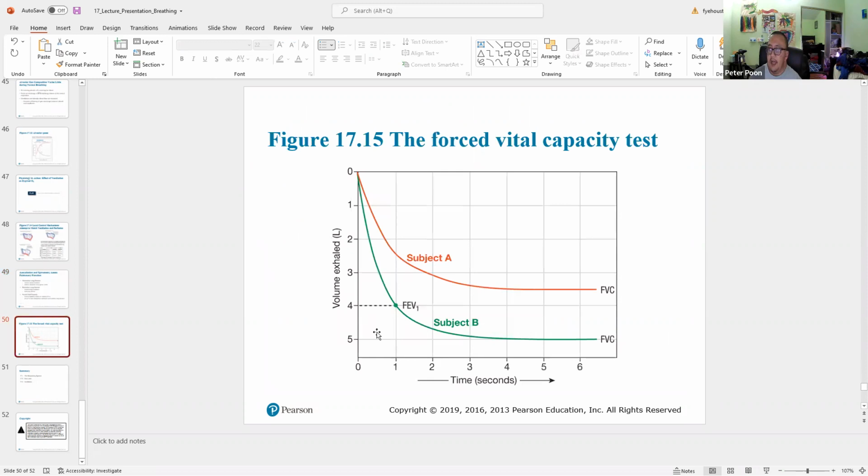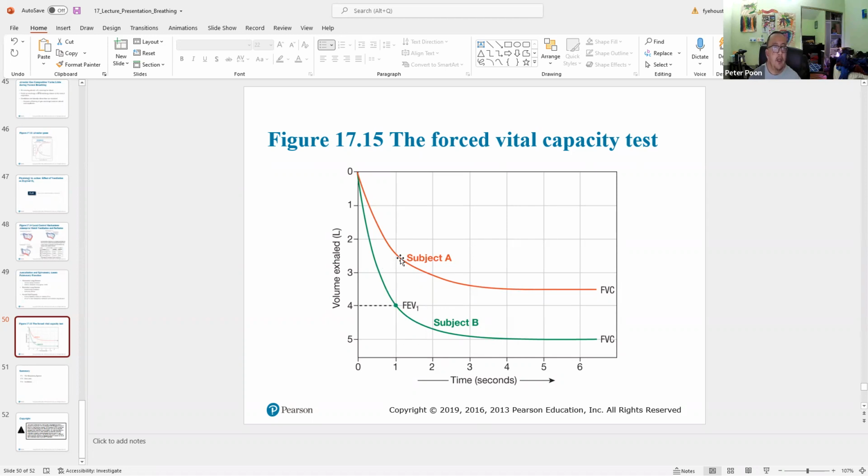So here, this is the forced capacity test. You can tell this guy has a lower volume exhaled, so subject A is worse. For the FEV1, this guy can exhale 4 liters and this guy can only exhale 2.5 liters.